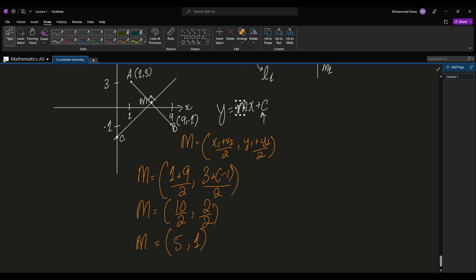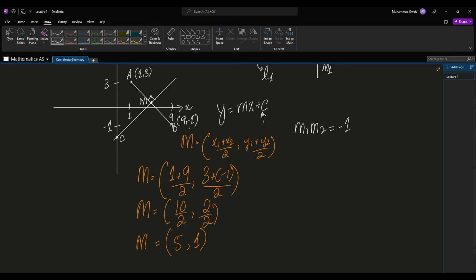So how do we find m? Normally to find the gradient we need two coordinates of a line, but this time we only have one coordinate. So how do we find it? We can use another formula which we already did in the previous question, which is m1 times m2 equals -1. This is always used whenever a line is perpendicular.